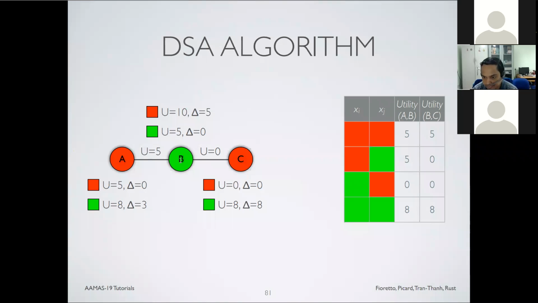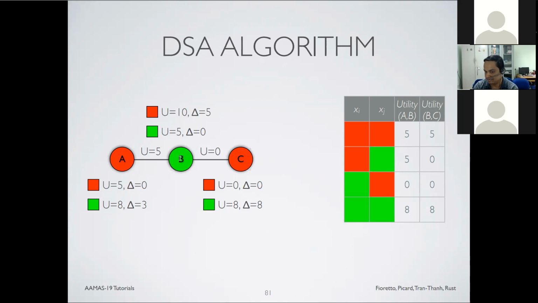Similarly, with this combination, there is no chance of changing this color to green because it is already green. So the utility is 5 plus 0, 5, and there is no chance of improvement here. But instead of green, if we choose red, then what will be the improvement?